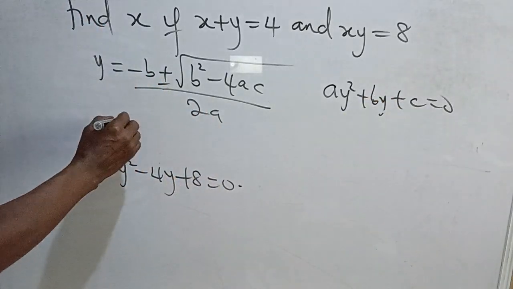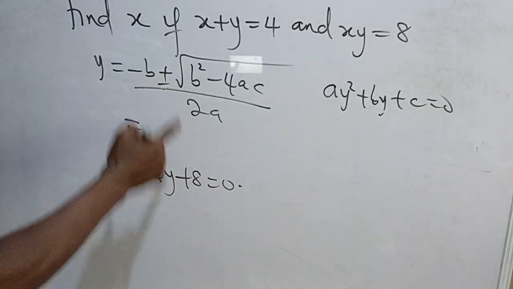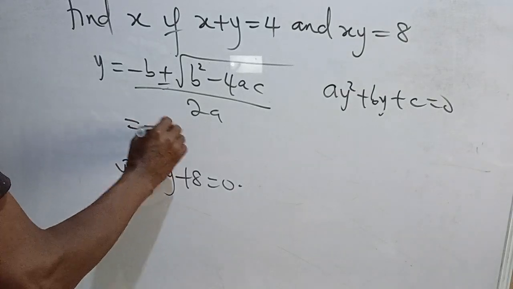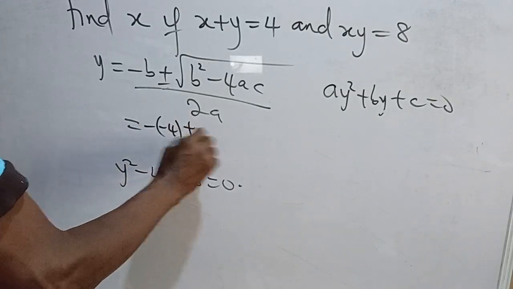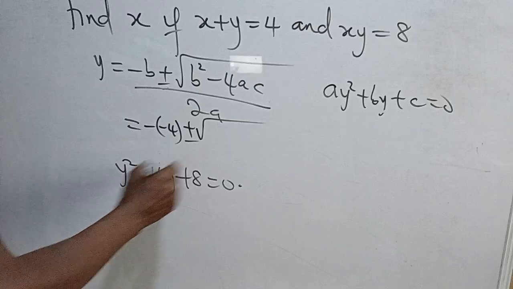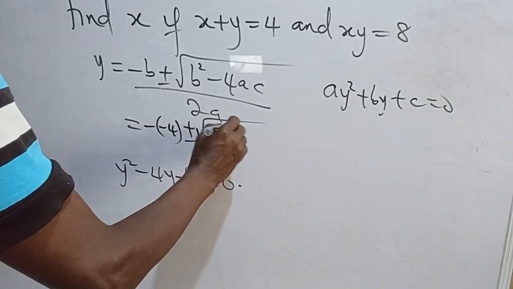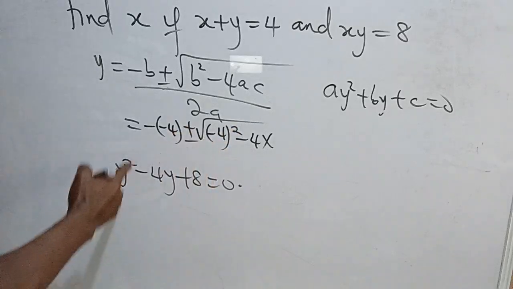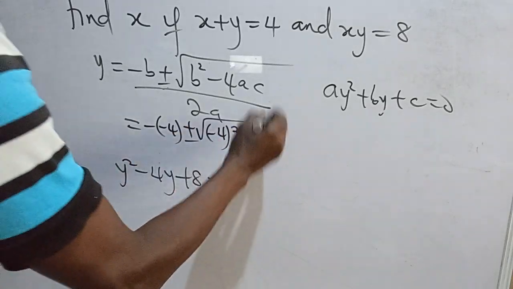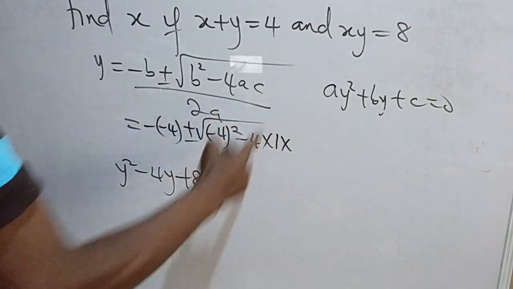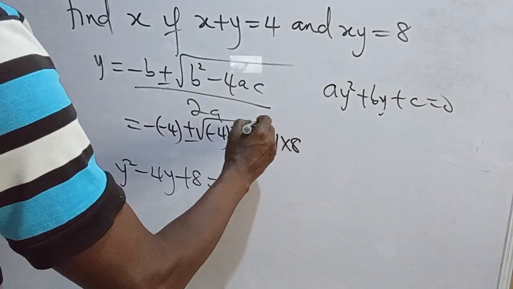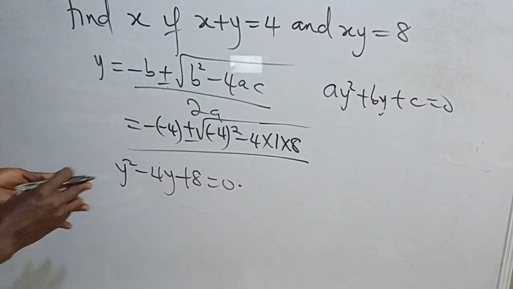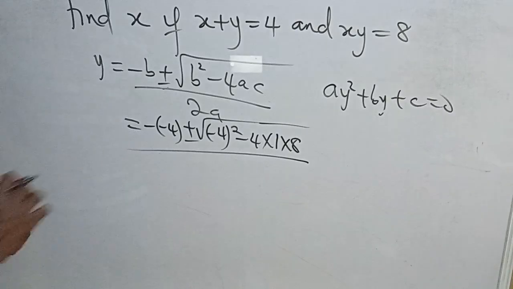So by substitution, minus b is minus 4, plus or minus the square root of minus 4 squared, minus 4 times a, our a is 1, times c, our c is 8, all over 2 times 1.